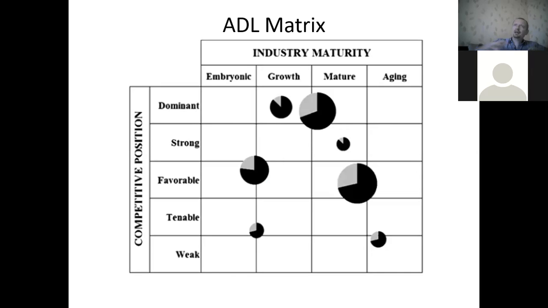One group must be supported with financial resources because the market is growing, so it will generate cash inflows, but not now, in the future.